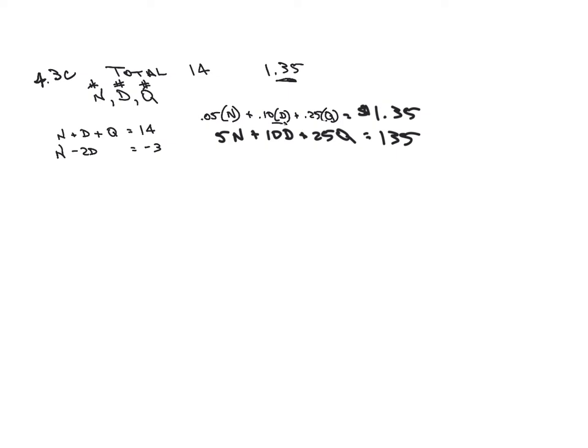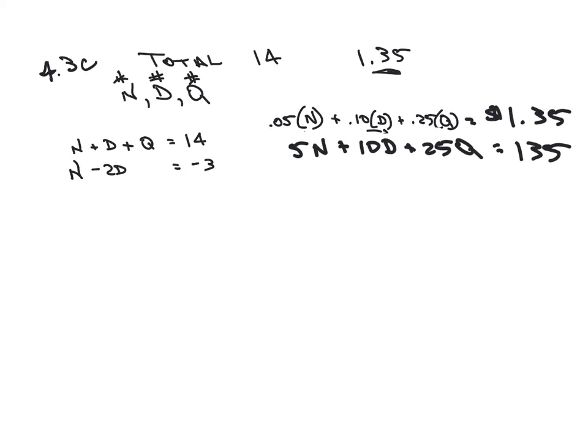Okay, so so far we've got this equation and this equation. Now we have this one. So let's put that over here. 5n plus 10d plus 25q equals 135. So there's our three equations there.